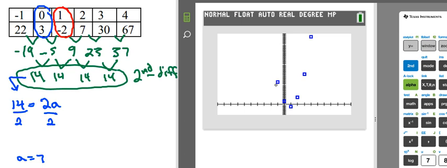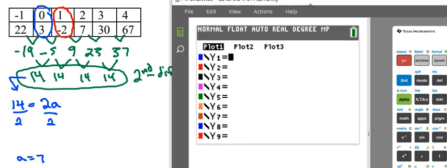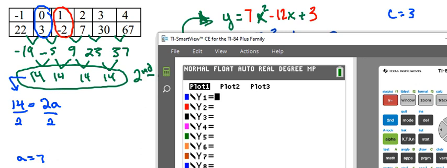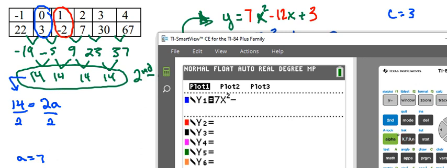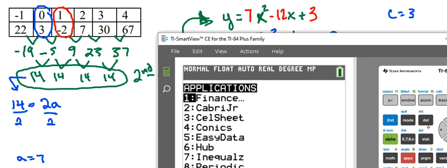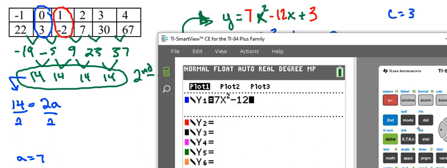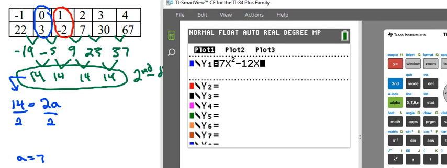Okay. My function should go through those points if my function models this data correctly. So let's put it in and try it. 7x squared minus 12x, whoopsie, sorry, I'm dealing with computer problems, plus 3.